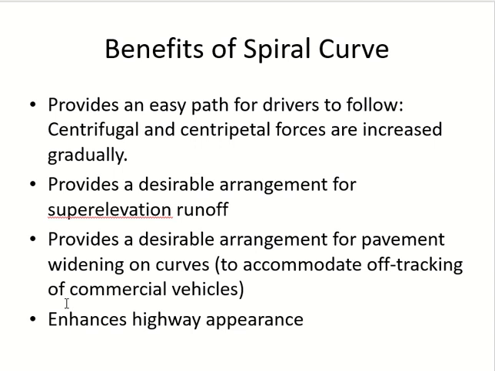But now we have the tangent, so we will do most part of it on the tangent, and the remaining will be where? On the spiral curve. Okay, so when the driver reaches the circular curve, now you have the ideal situation. That full super elevation is already there. So it provides you the extra space required to achieve the full super elevation while the driver is turning.